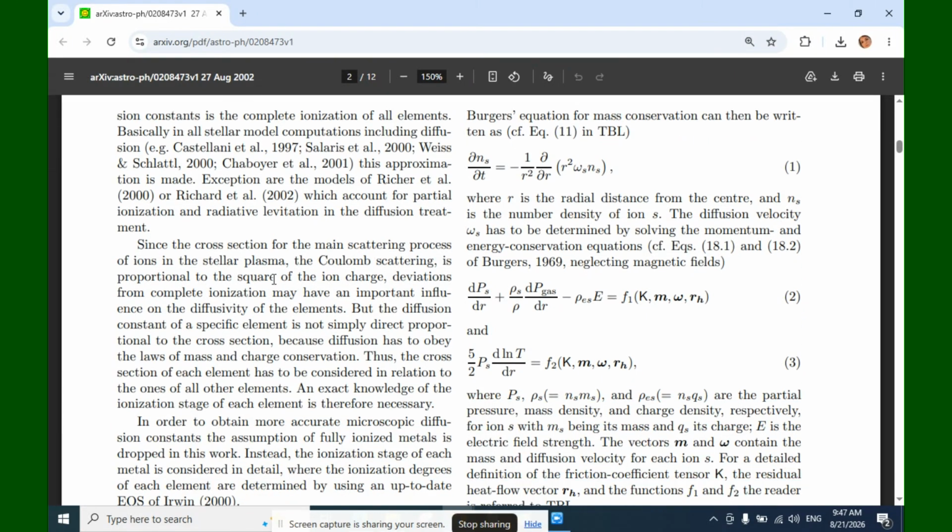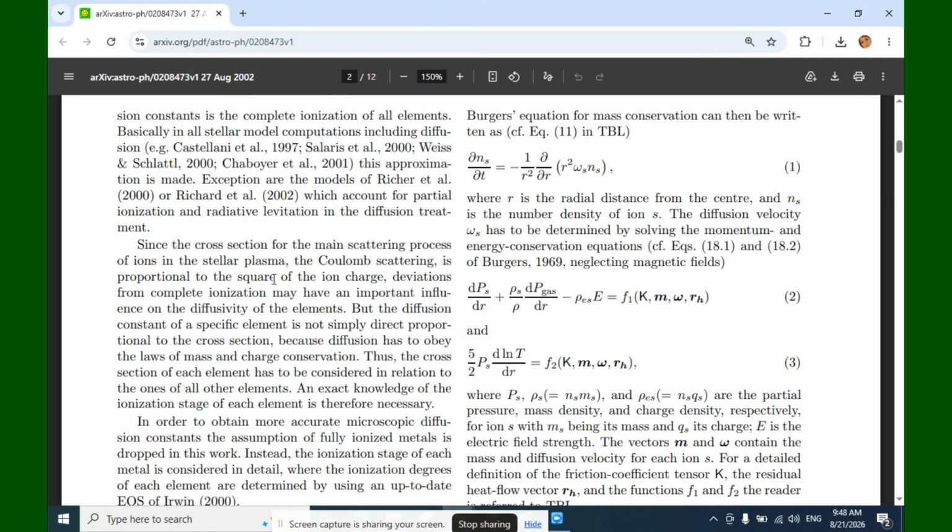The equation: dP_s/dr plus rho_s divided by rho dP_gas/dr minus rho_s^E E is equal to F1(m, omega, RH).